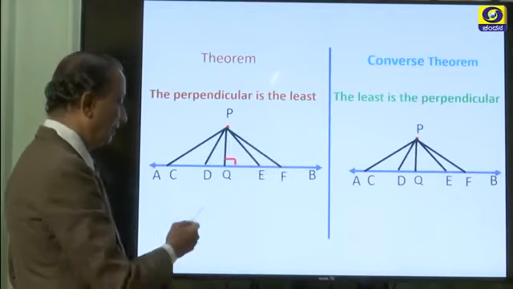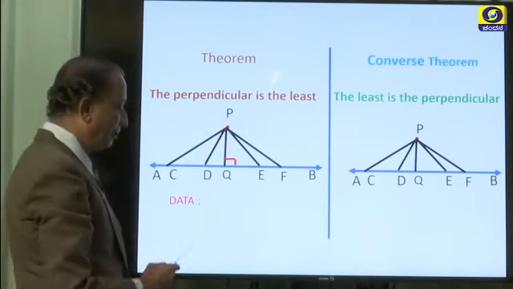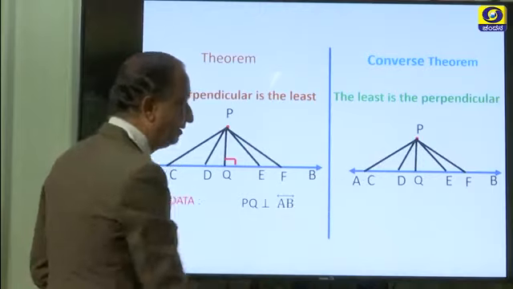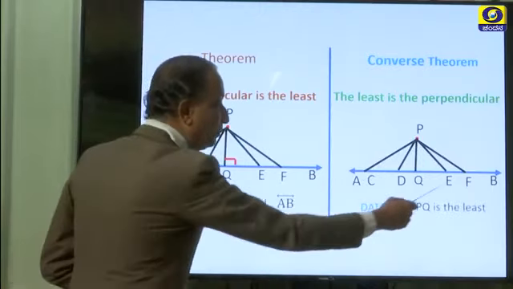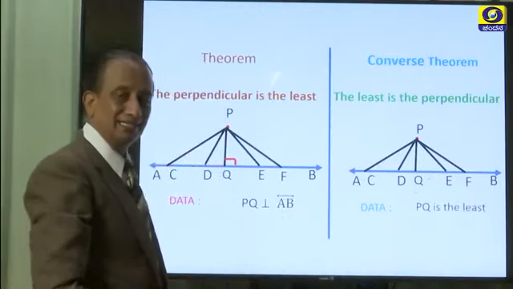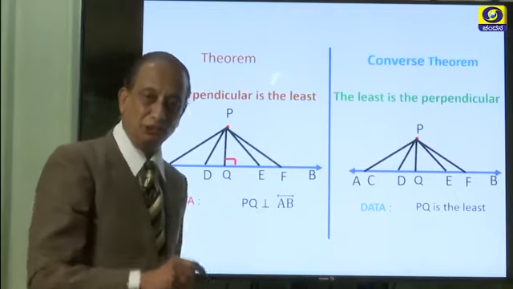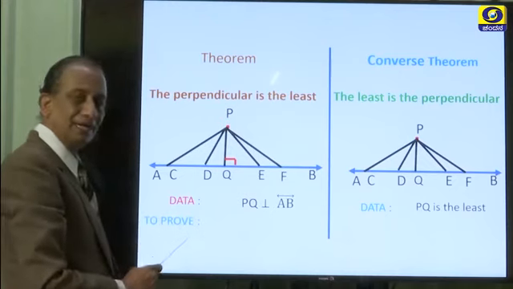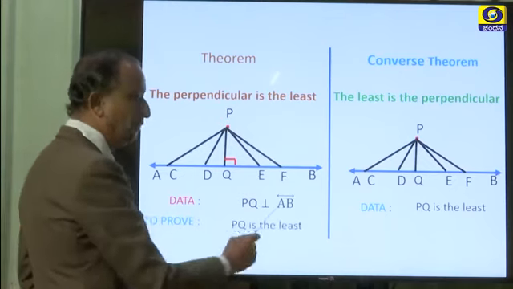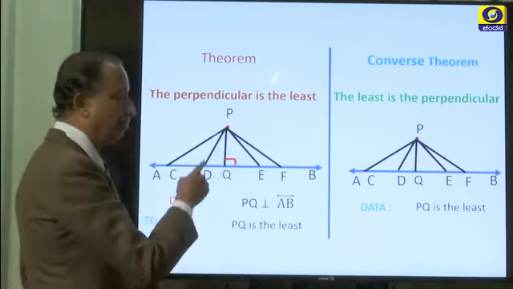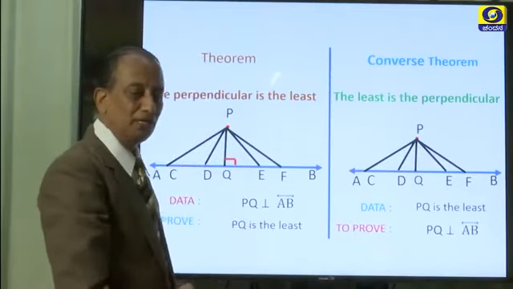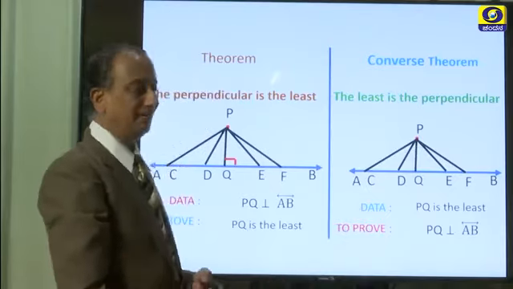In this case, for the theorem, the data is PQ is perpendicular to AB, whereas here for the converse theorem, PQ is given as the least distance, the minimum distance, the shortest distance from the point P to AB. In such a case, we have to show that PQ is the minimum, the least distance. Here in the converse, we have to show that PQ is perpendicular to AB.